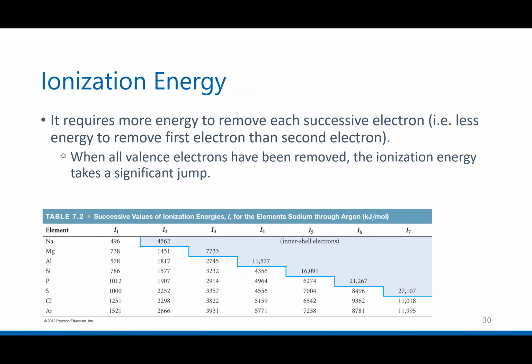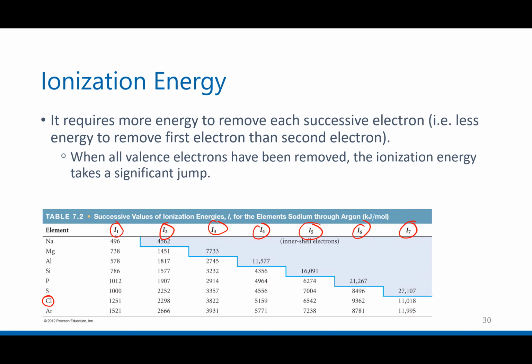This is another slide you don't have to memorize or worry about for a test, but it's really kind of cool to look at. So let's look at our good friend down here, chlorine. These are ionization energies, meaning this is the first electron, second electron, third, fourth, fifth, sixth, and seventh. We're looking at removing valence electrons.